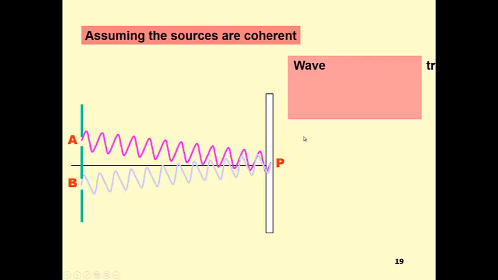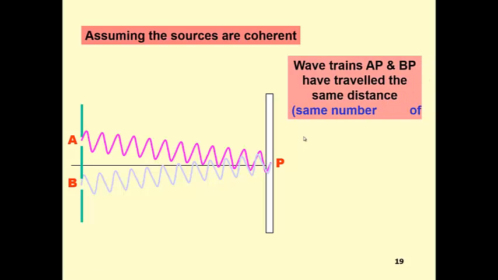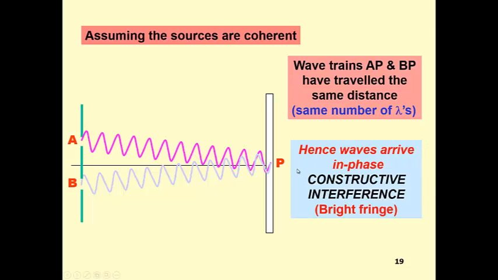So assuming that your sources are coherent, when your wave arrives at this central point, in this case and in this case, it's going to have the same number of wavelengths, and you're going to have a really bright fringe. That's your central maximum, and that's where your constructive interference occurs.